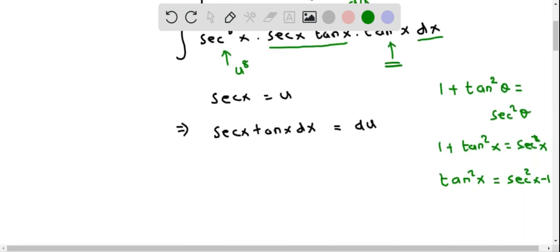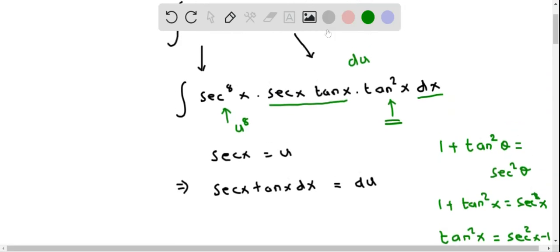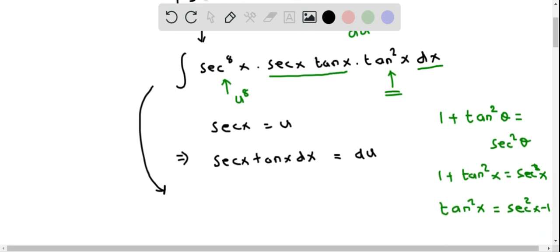So let's write this integral after the u substitution. We write this secant to the power 8 of x as u to the power 8 because secant x is u. So secant to the power 8 of x will be u to the power 8. And then replace this secant x dx as du. So I put this du here. And then we have tangent squared x, which is replaced as secant squared x minus 1.